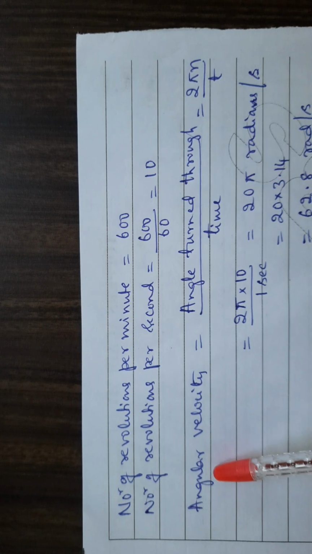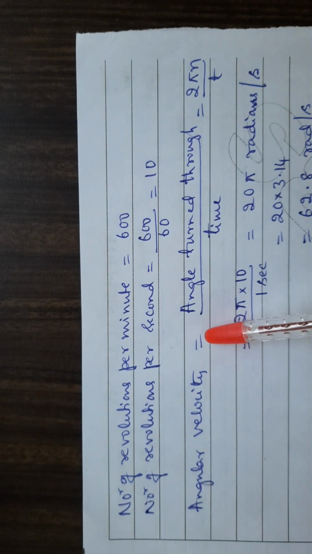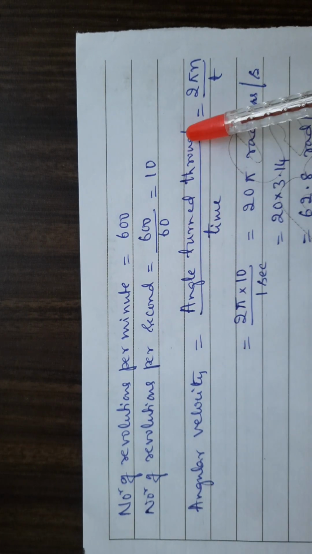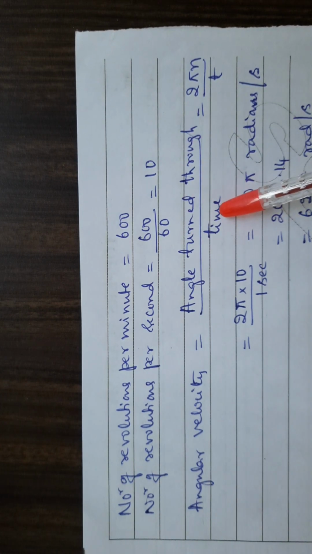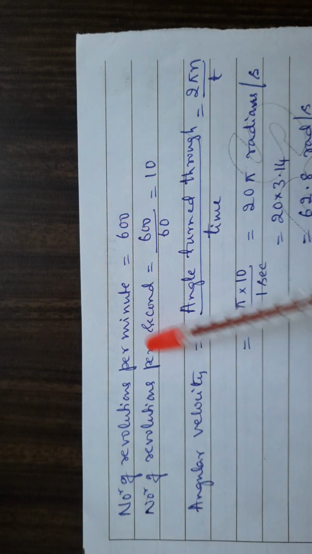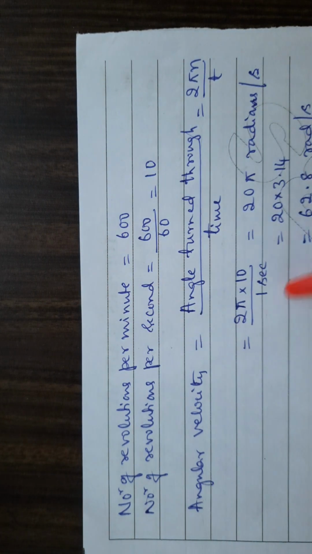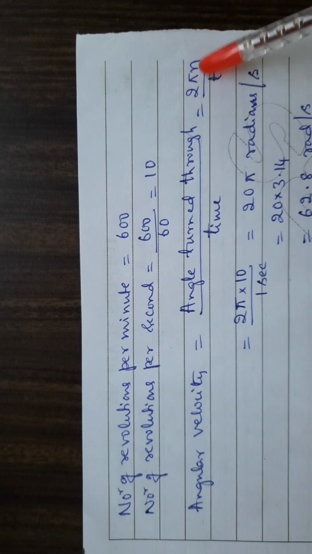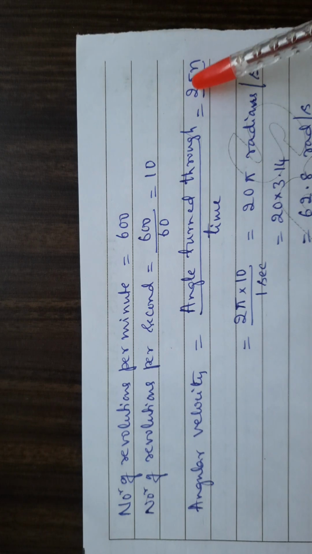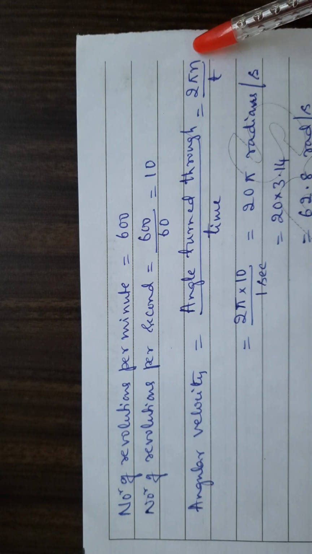The formula says that angular velocity is equal to the angle turned through divided by the time interval. The angle that has been turned is equal to 2 pi n, because one rotation is equal to 2 pi radians. n number of rotations is equal to 2 pi n, the total angle rotated.